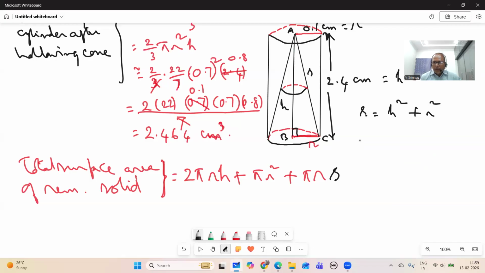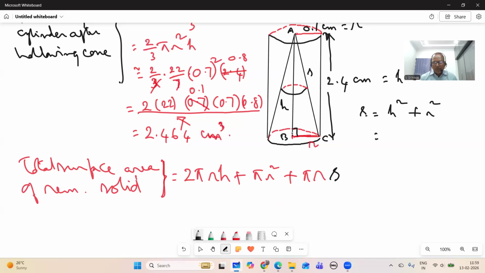And why? Because of triangle ABC. Imagine that you have cut this cylinder vertically, and the cut passes through this radius, then you will get a right triangle ABC.